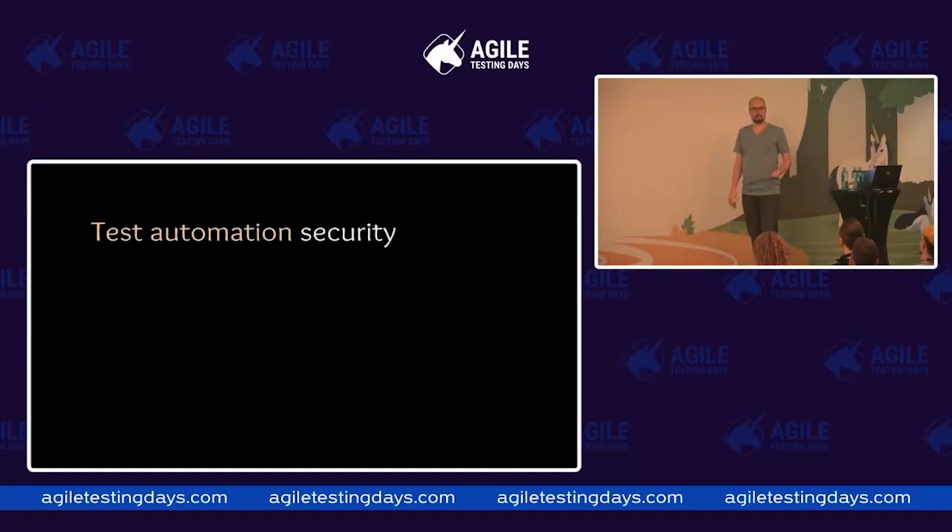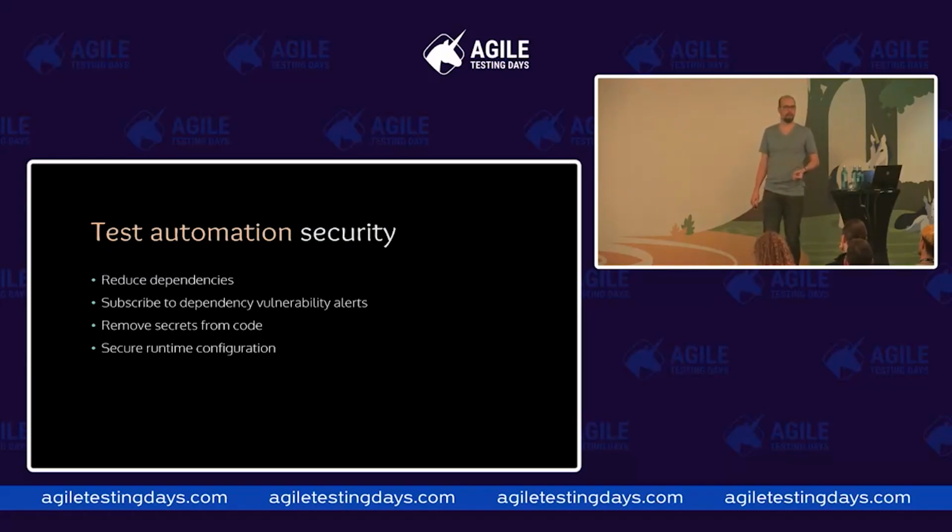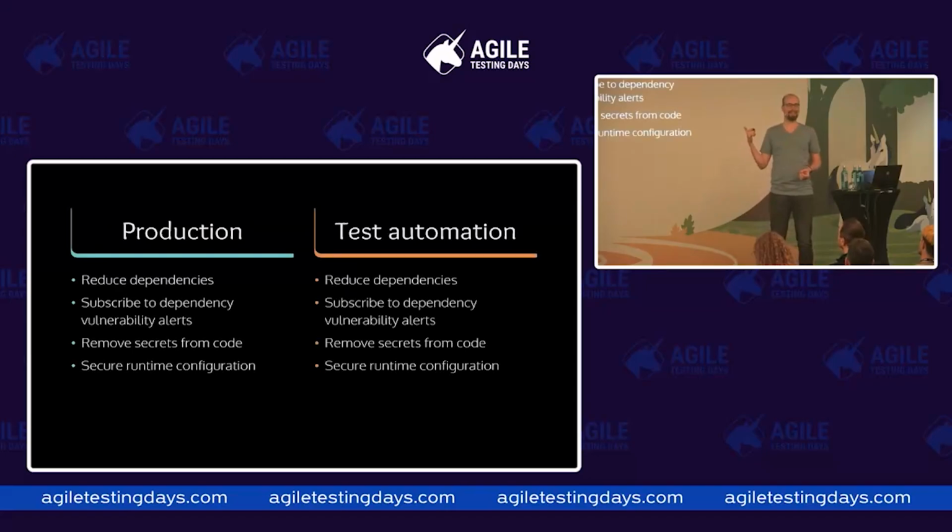So when we look at test automation and security, we can think about things like reducing our dependencies, about subscribing to vulnerability alerts, dependency vulnerability alerts, remove our secrets from code, and secure the runtime configuration. That's the same list.